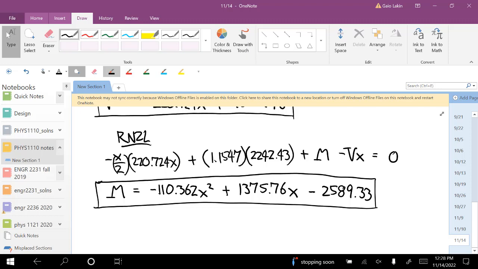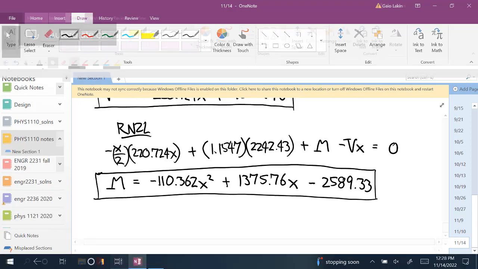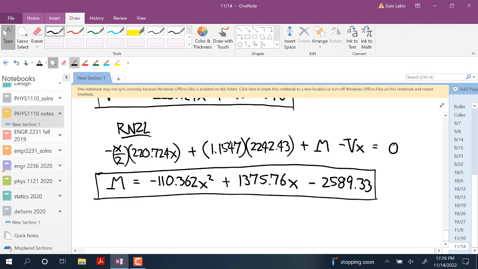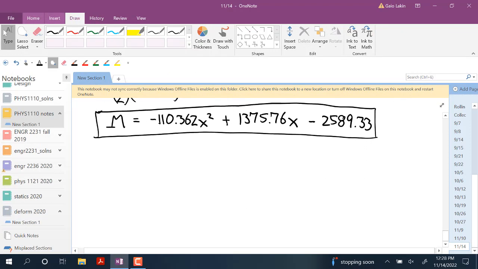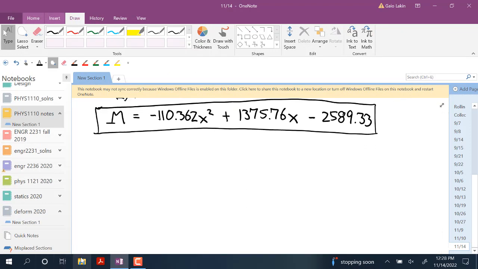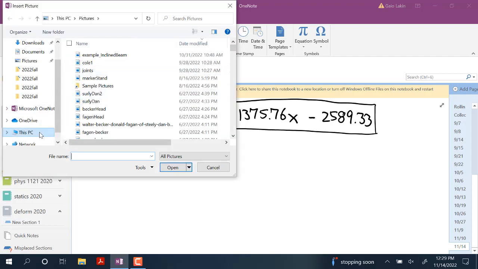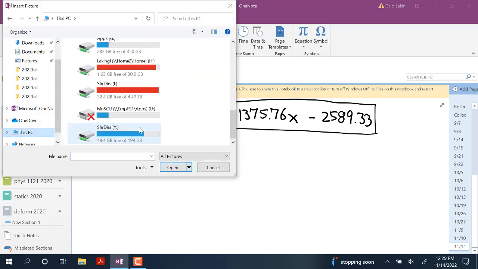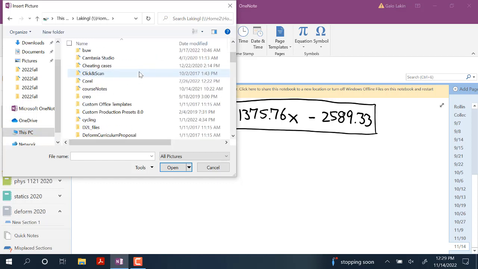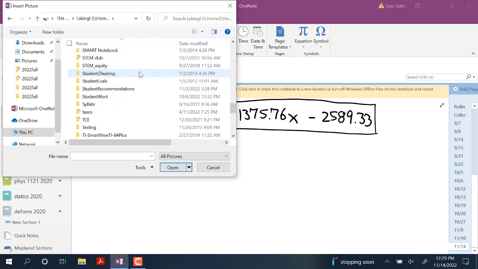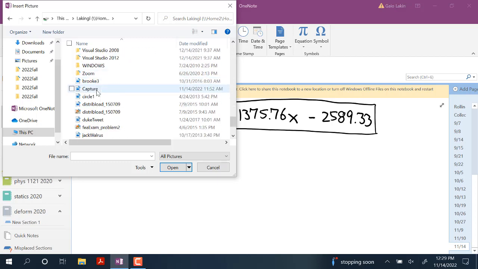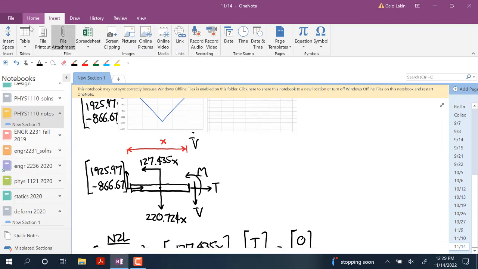Okay, so let's see what those look like as graphs.